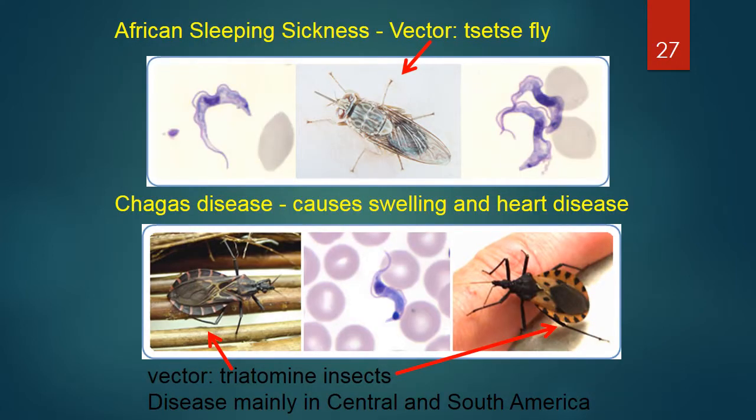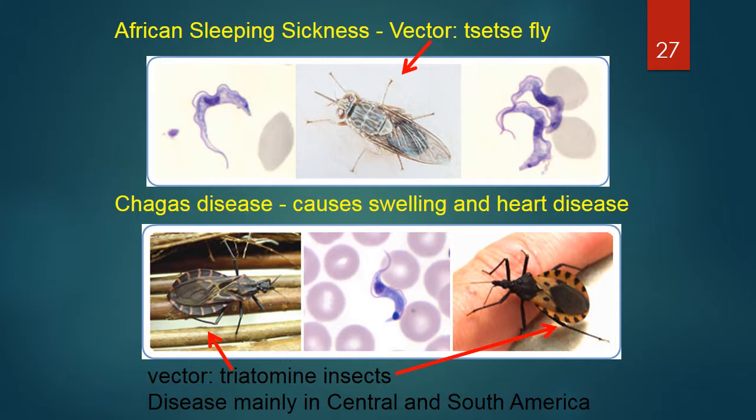Both Trypanosoma and Chagas disease require a vector, which means an intermediate host. With African sleeping sickness, the vector is a tsetse fly, and that's how it's transmitted.